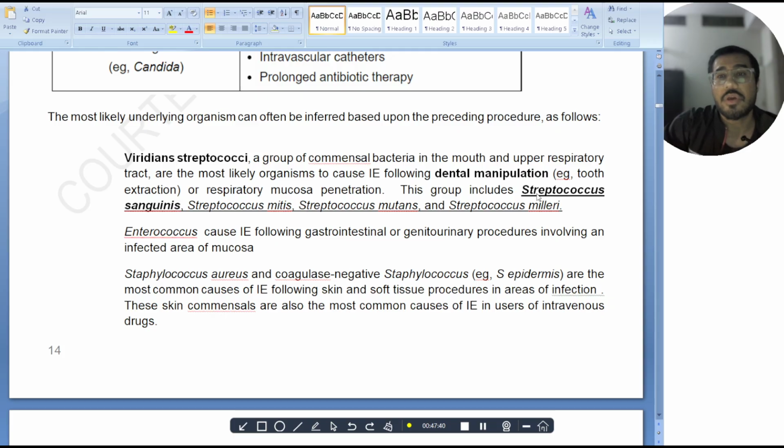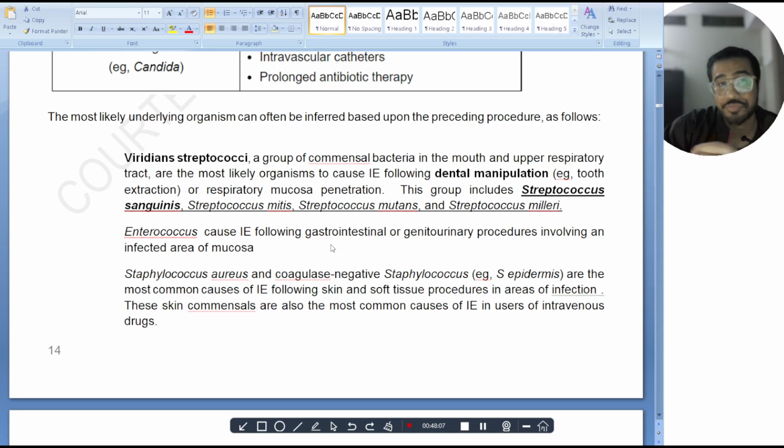So you need to keep them in mind as well. Sanguinis, mitis, mutans, milleri, MMM. You already know sanguinis, and the rest three are M: mutans, mitis, milleri.